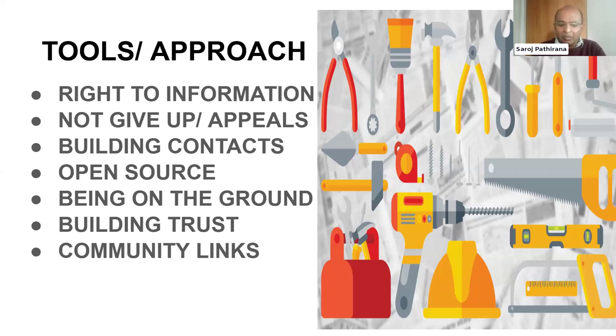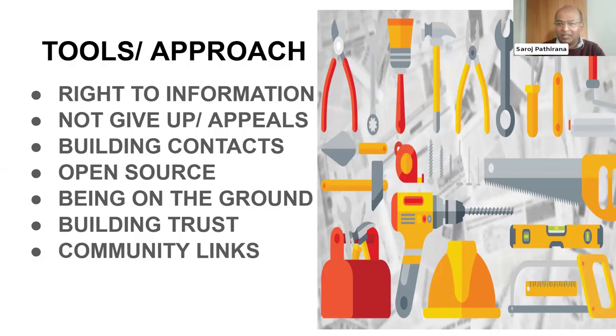The major tool I used for my investigation was the Right to Information Act. Sri Lanka's Right to Information Act is very powerful, and now we can get a lot of information. But as I told you, because the allegations go up to the level of the Attorney General's Department, the state officials were very reluctant to reveal any information.